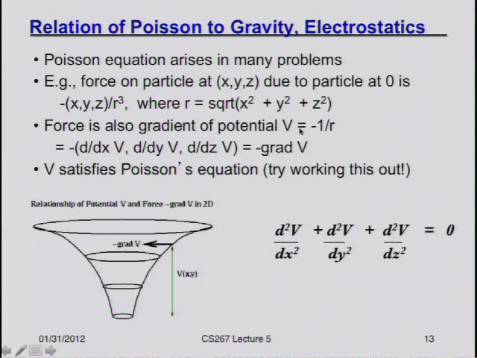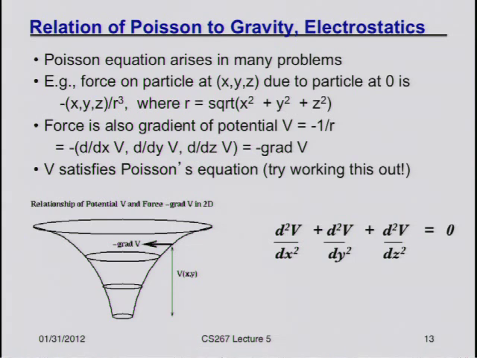So if I can compute the potential everywhere quickly, I can just differentiate it and get the forces. And so what I would like to do is solve very quickly for the potential, and then I can get the forces. And it turns out the potential satisfies Poisson's equation, which is why it comes up over and over again. And I will let you plug in v equals minus 1 over r into Poisson and confirm that it does indeed satisfy it. So just to remind you of the basic physics, which is why it comes up over and over again.